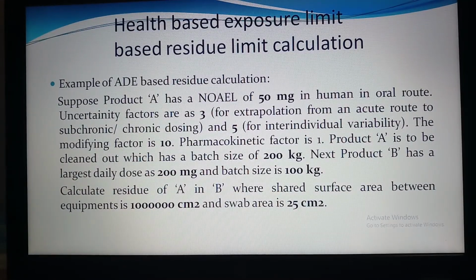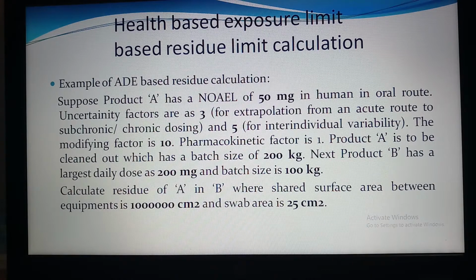So one example is given. Suppose product A has a NOEL of 50 mg in humans by the oral route. Uncertainty factors are 3, for extrapolation from an acute route to subchronic or chronic dosing, and 5 for inter-individual variability. The modifying factor is 10, and the pharmacokinetic factor is 1.